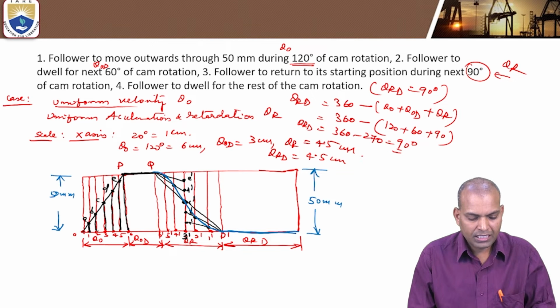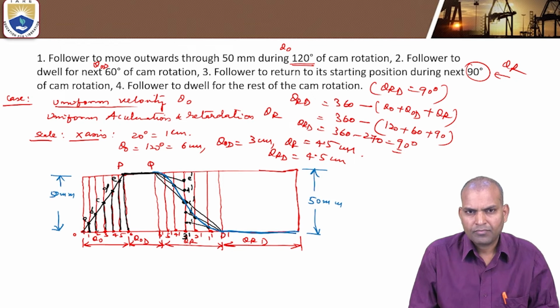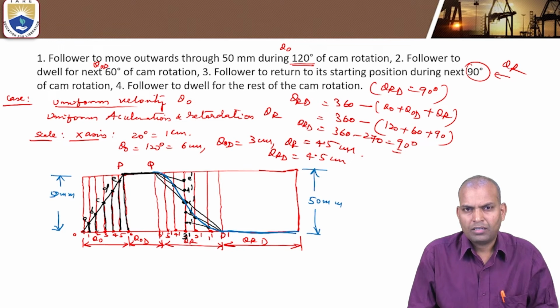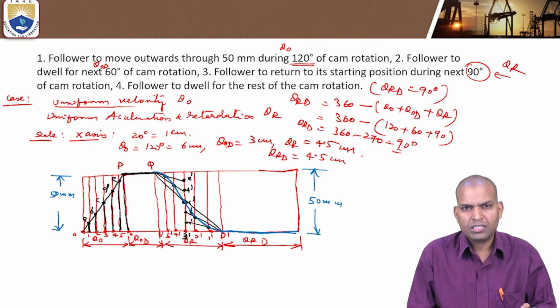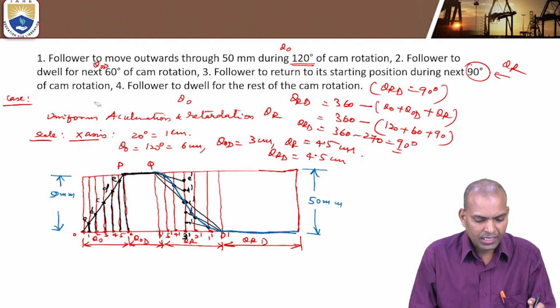Similarly, for the second case, I am going to consider that during the return stroke it is uniform retardation, and during the outstroke it is simple harmonic motion. Then what type of displacement diagram comes?